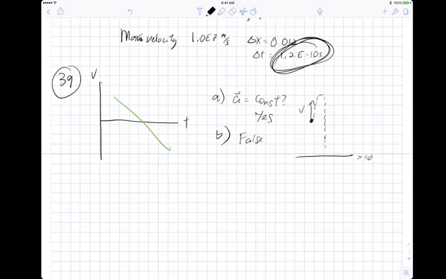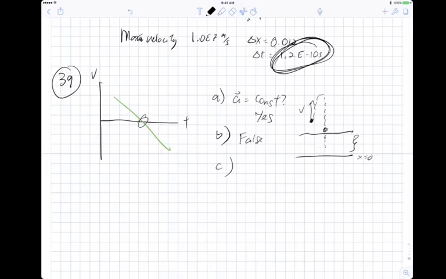In the amount of time shown, it might only be this window, and it still hasn't reached this point because we don't know its initial position. So, too bad. C, the object has 0 velocity at some instant. It surely does.